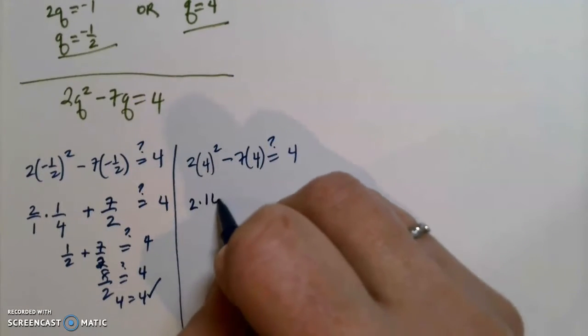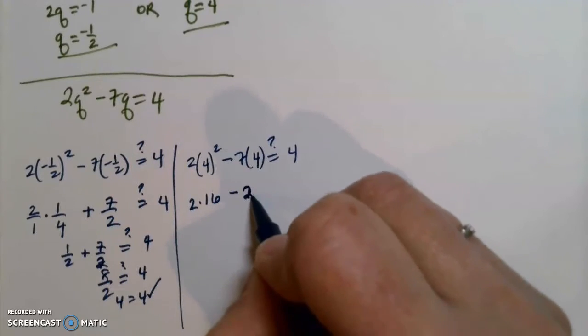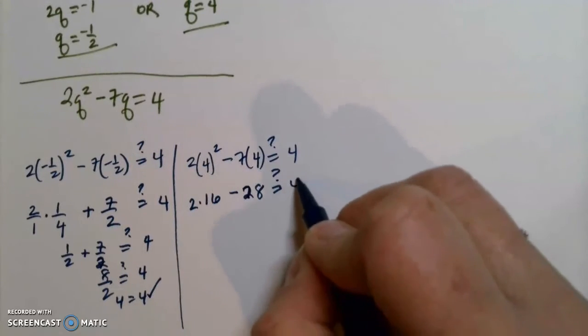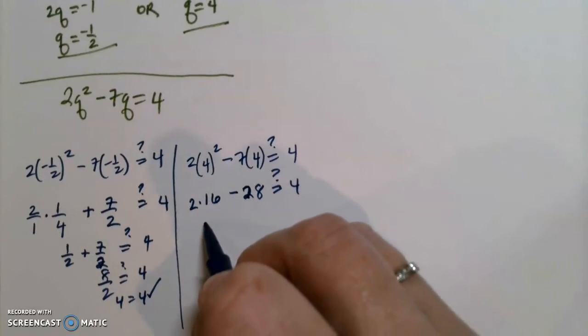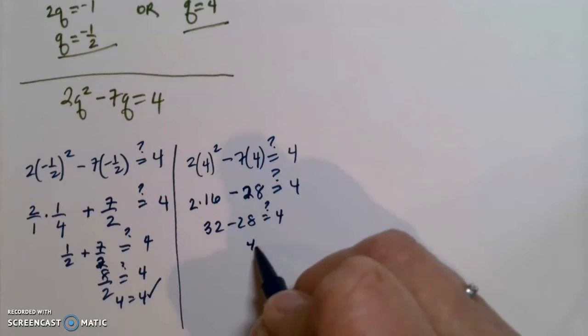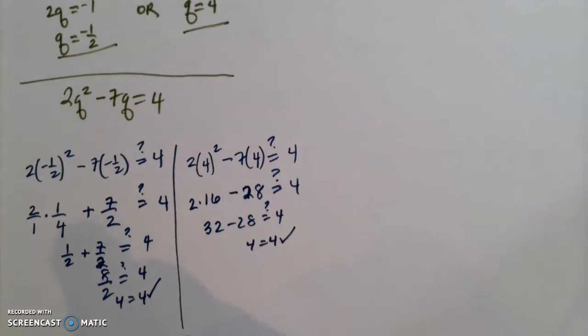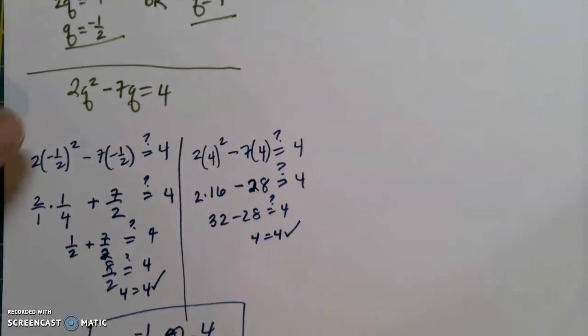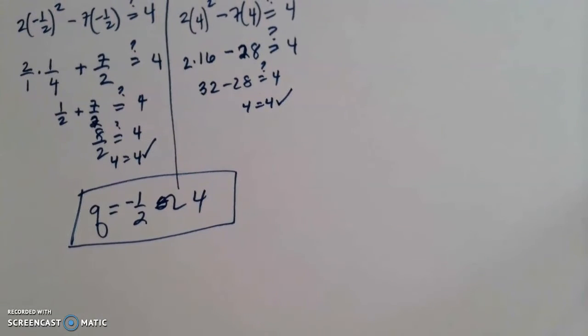For the other one, so plugging in 4 for each of the instances of q. So 2 times 16 minus 28, and we're trying to find out if that's going to be 4. So let's see, 32 minus 28, and yeah, that will also be 4. So we can now with some certainty put that q is -1/2 or 4 for that one on page 23.